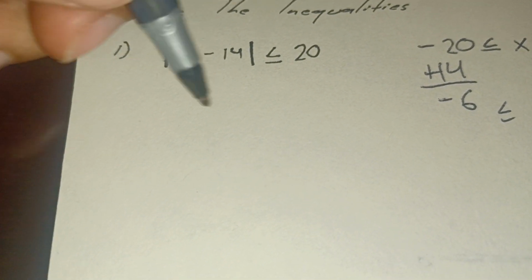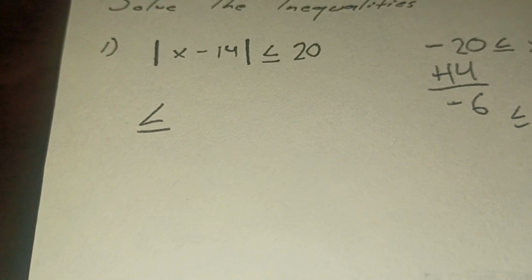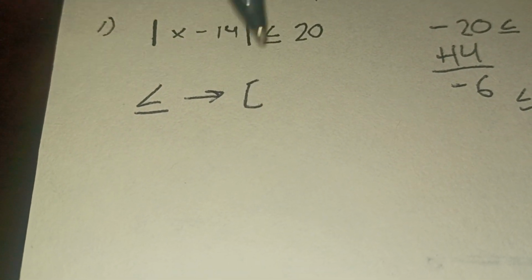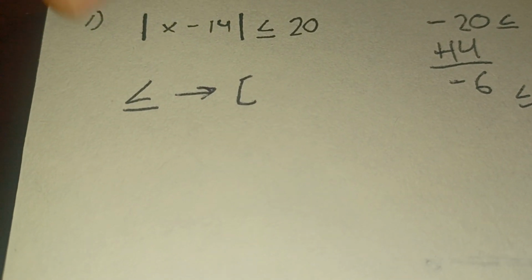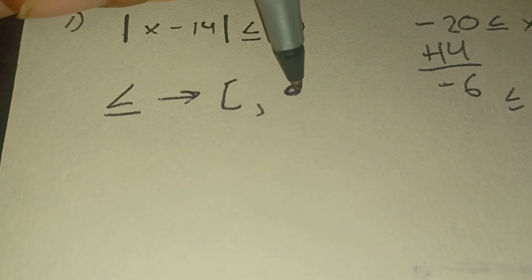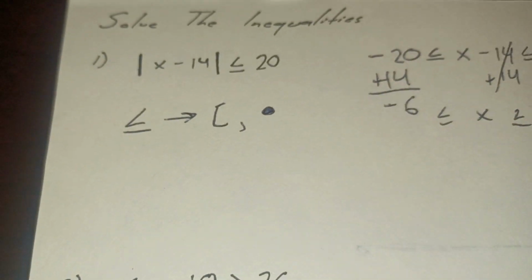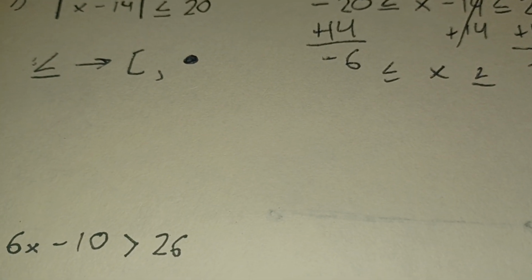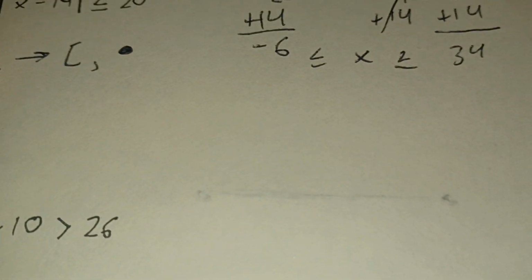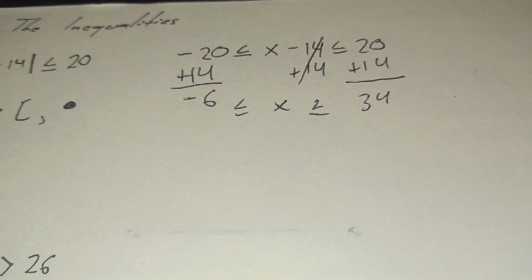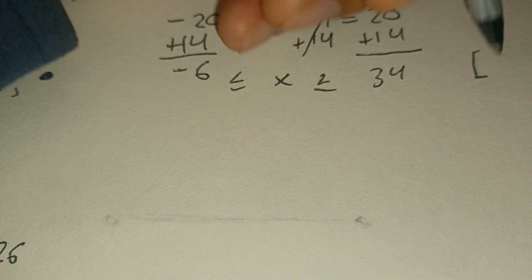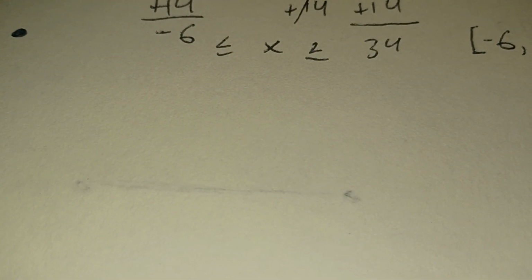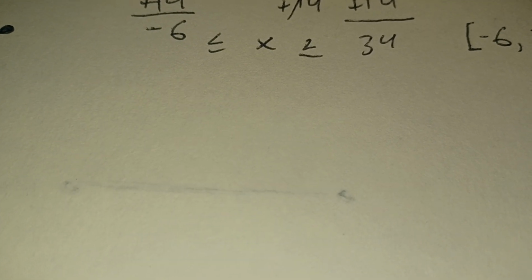Since we have the equal sign at the bottom of the inequality, this indicates a bracket, which also, when you draw the graph, indicates a closed circle. Why? Because it's indicating that the endpoint is included in the inequality. So we write this as bracket negative 6 and then 34 bracket.